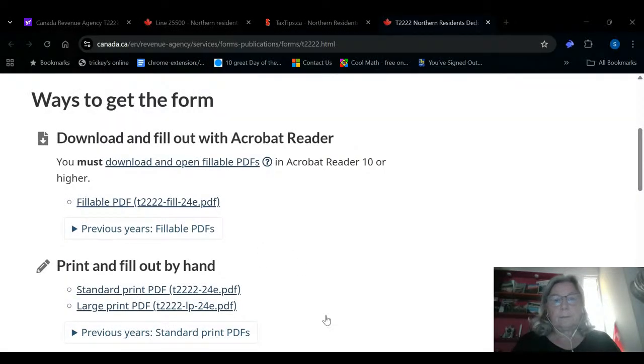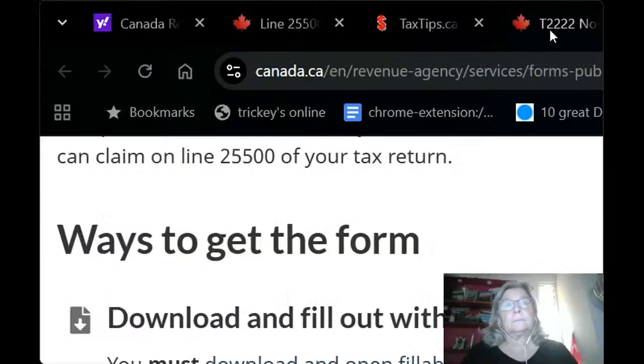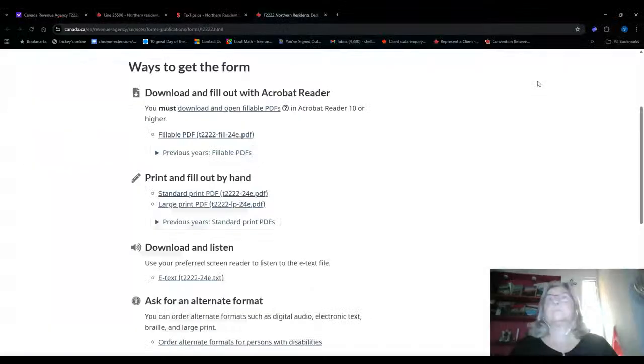So I'm going to try to show you this form now. And we're going to take a look at that fillable PDF. Let's just click it open. Make sure you've got the most recent version of Adobe.